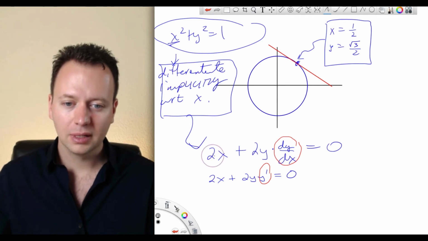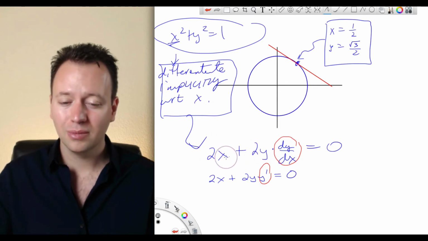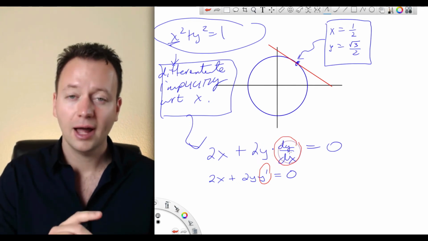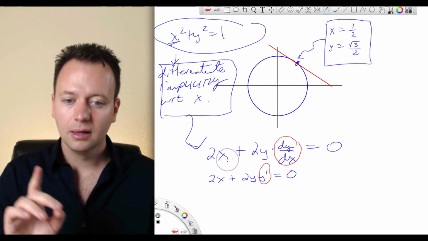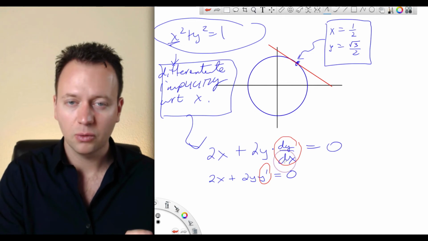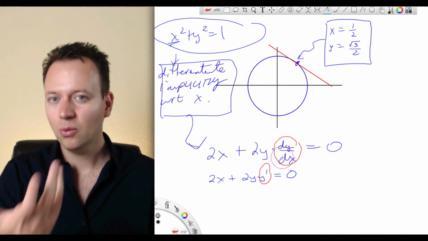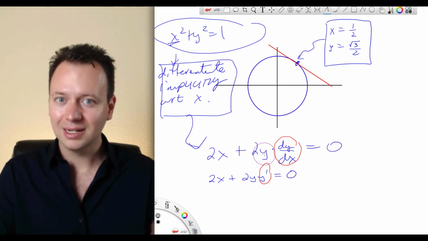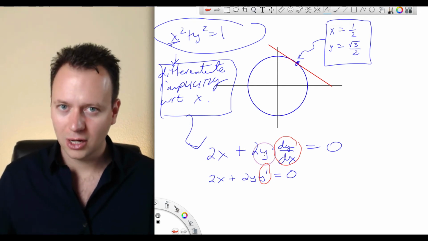In other words, each term either contains no factor of the derivative or just a single factor of the derivative, dy dx. It's something plus something times dy dx. So if you think of dy dx as the variable and x and y as constants, it's a linear equation.